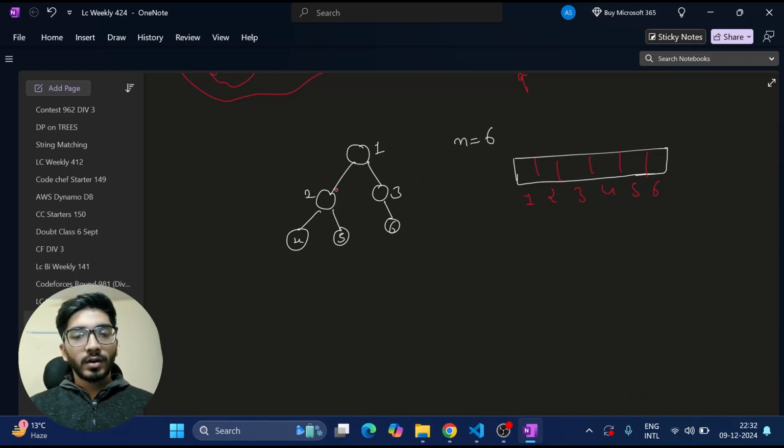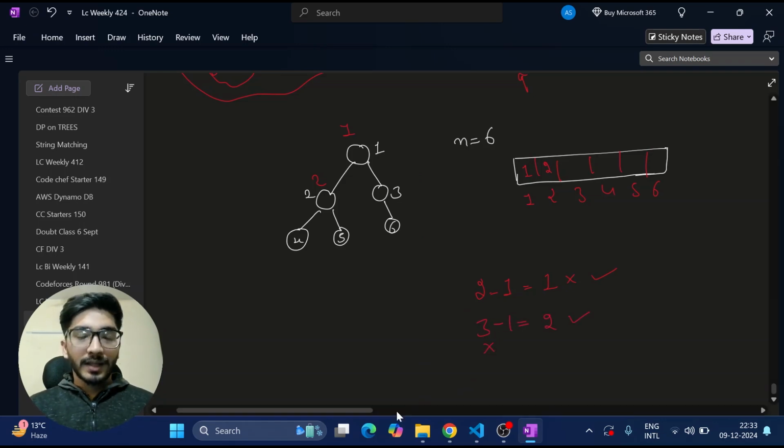So if we are assigning 1 to this node, then we can assign 2 to this second node, because 2 minus 1 is nothing but 1, and 1 is not a prime number. Cool. So can we assign 3 to node number 3? No, because 3 minus 1 gives us 2, which is a prime number.